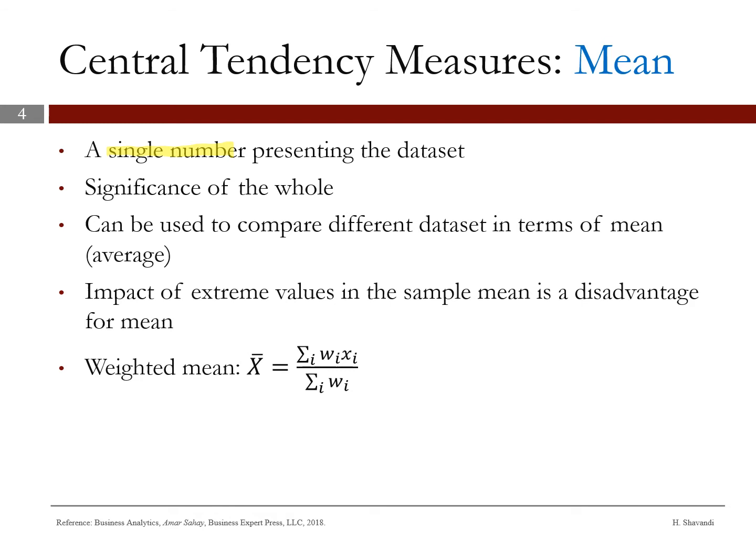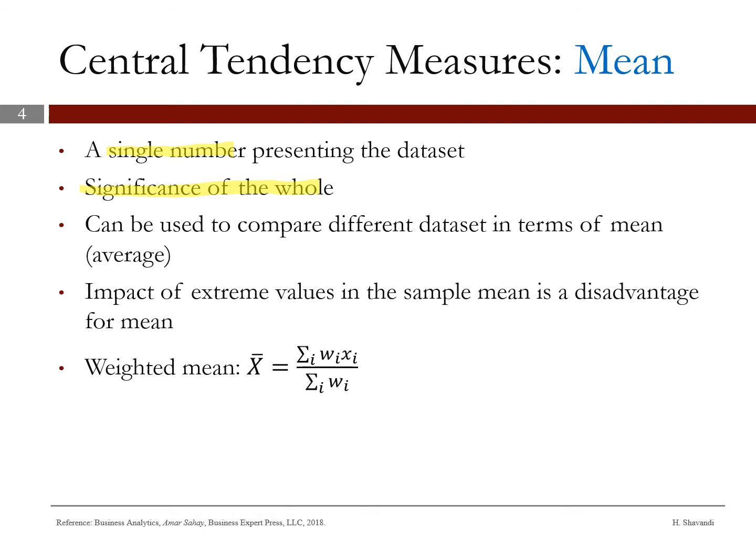So here we have a data set that shows the performance over that period of time. We can take the average of the performances, and that single number can show the significance of the whole. I mean, what is the average performance of this trading strategy?